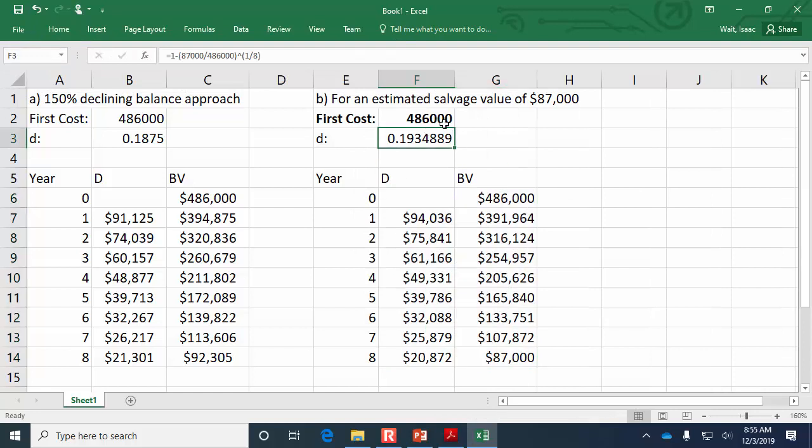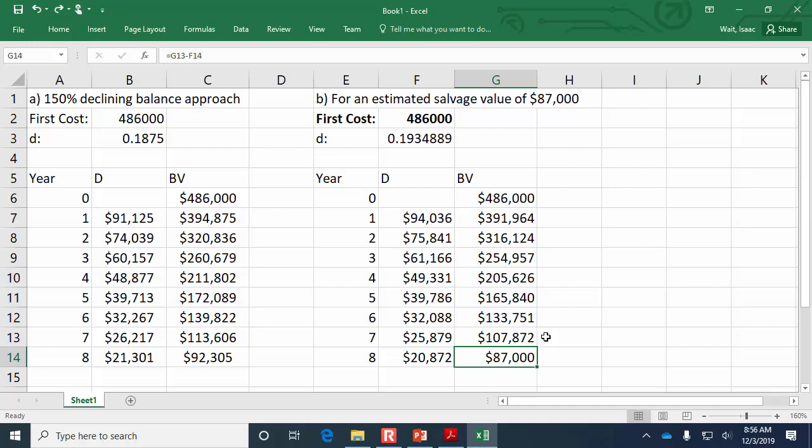If we had rounded this off to just like 0.19, then we're not going to get the book value to what it needs to be. We know the salvage value at the end should be 87,000, and so this has to be to quite a lot of digits in order to get that to the nearest penny. So the moral of the story is don't round off.